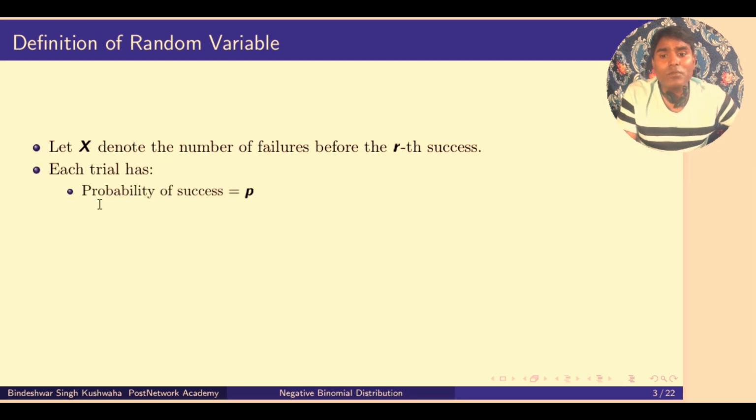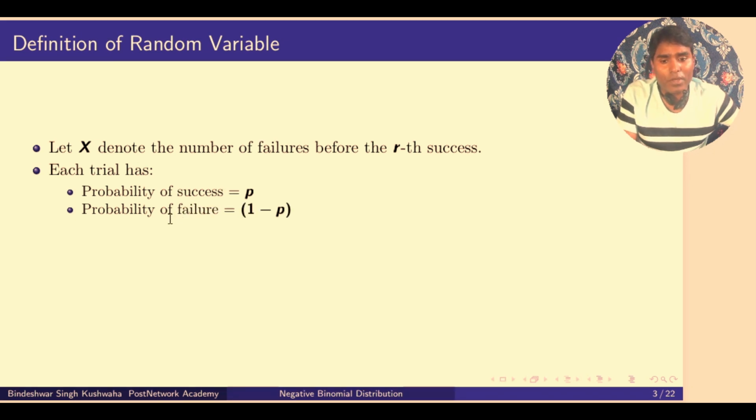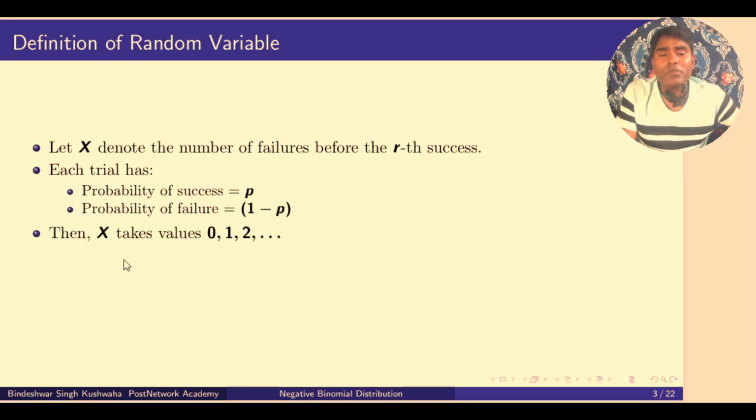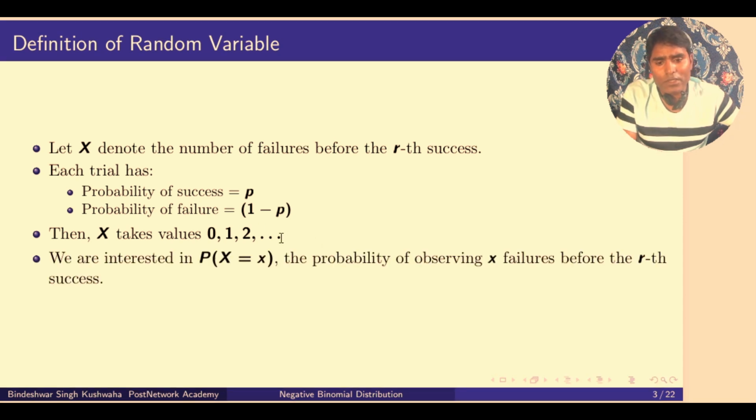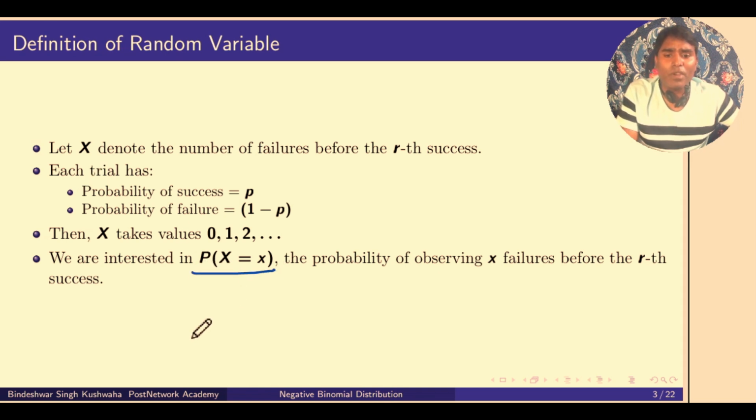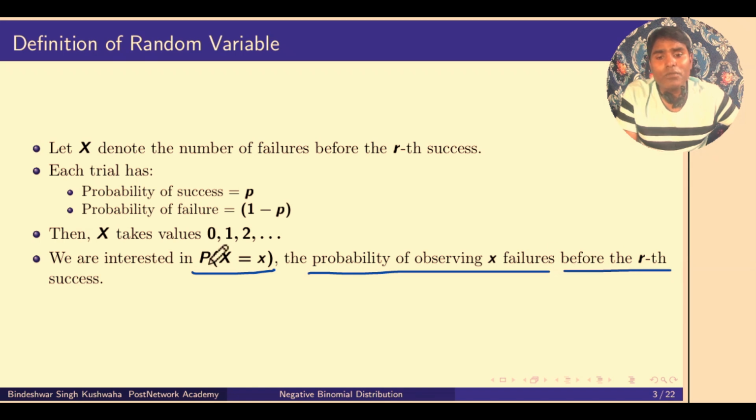Each trial has probability of success, which we will denote by p, and probability of failure 1 minus p, also denoted as q. Then x takes the discrete values 0, 1, 2 and so on, and we are interested in calculating the probability of observing x failures before the rth success.